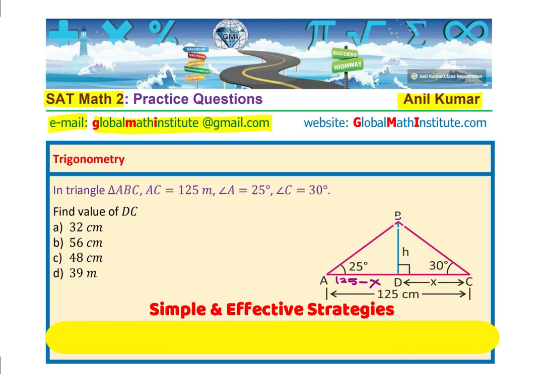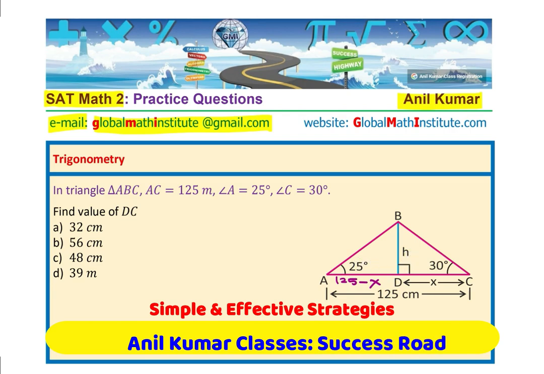How could you find these values? Well, if you look into the triangle ABD, you can relate H with angle 25. And if you look into the other triangle, H can be related with angle 30 also. So that could help us get two equations and solve. Since there are two unknowns, we need two equations.